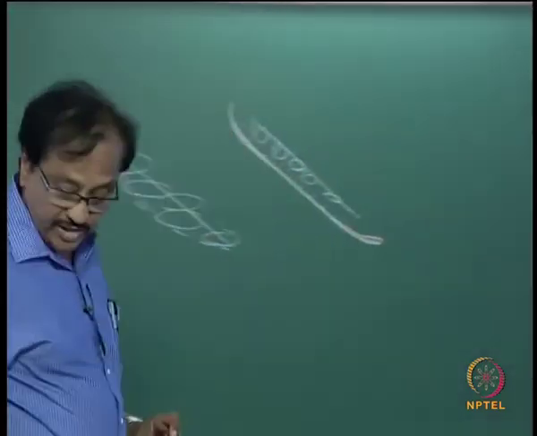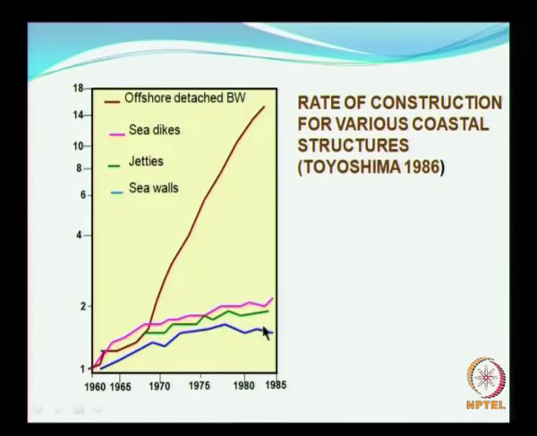You see that there is not much of a difference here, and the rate is also almost constant after some time, that is after 75, and even the rate of increase is quite gradual from 1960. But there is one difference. You look at this offshore detached breakwater, the rate of increase in projects that are being implemented with offshore detached breakwaters as a coastal protection measure has drastically increased, because it has its own advantages, but there are some small disadvantages also.